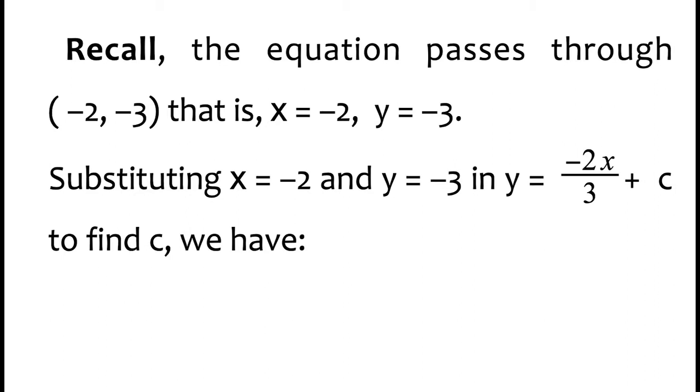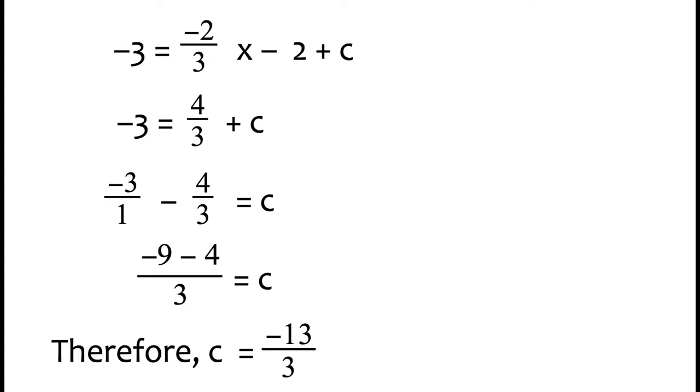Now, we need to substitute the values of x and y in the given equation so that we can determine the value of c, which is a constant. By doing so, we have minus 3 equals minus 2 over 3 times minus 2 plus c.